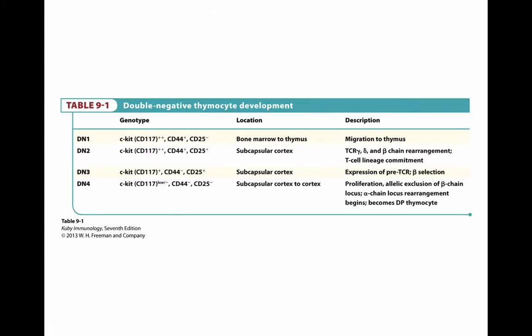And last but not least, I'm not going to talk a lot about this, but the way the double negative thymocytes develop within the thymus gland and within the body has to do with whether or not they're producing certain receptors. CD117 is also known as C-Kit. It's one of my pet ones that I like to talk about.